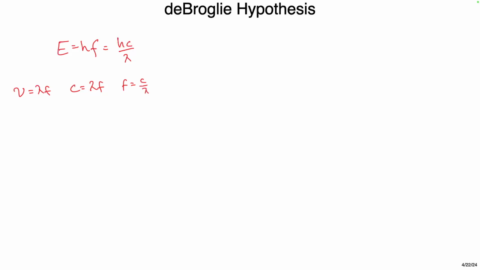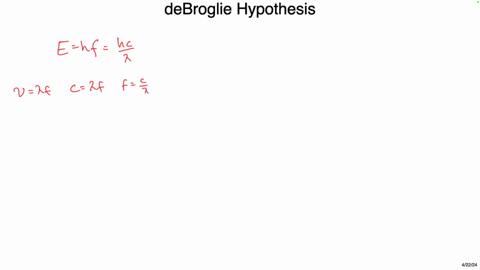We'll get c over lambda, which allows us to write down the energy of a photon either in terms of the frequency, which is associated with particles. I mean, frequency of a mass bouncing up and down is a very particle-y thing. But we can also write it in terms of wavelength, that obviously is tied into wavelength. This is the wave-particle duality of light that Einstein showed everybody is there, and that Compton is reinforcing.